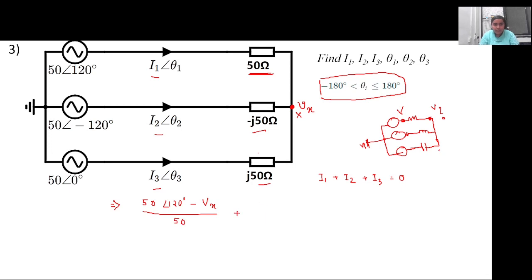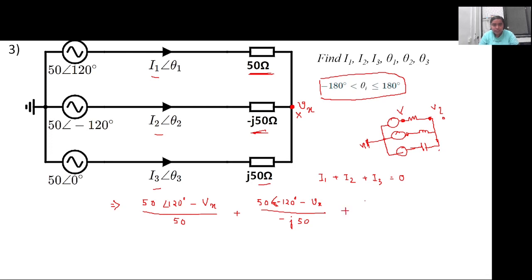In case of the next branch, which has a capacitor, it is 50 angle of minus 120, again minus Vx by minus j50.